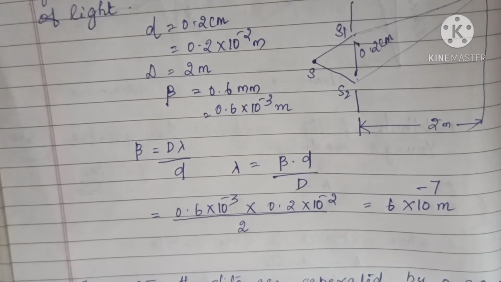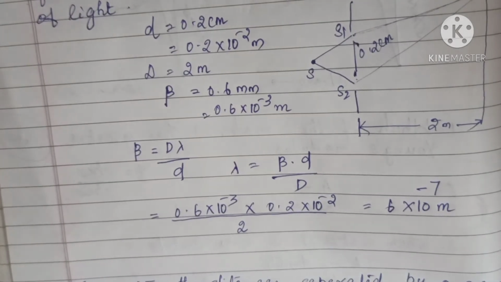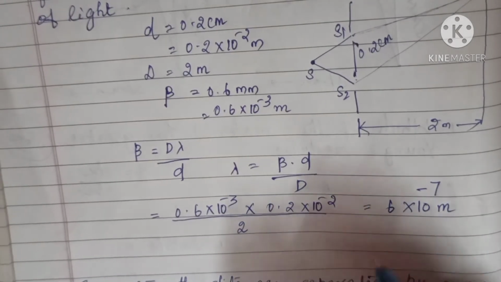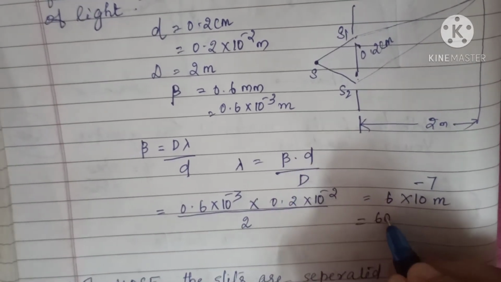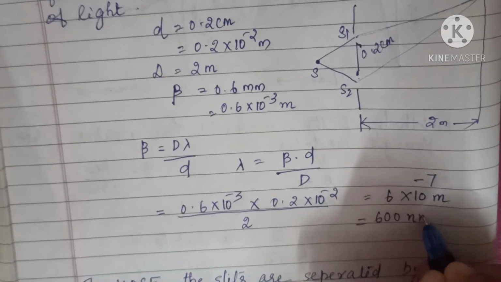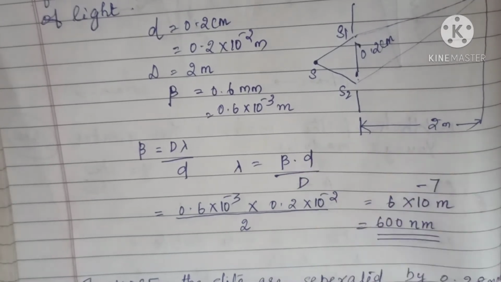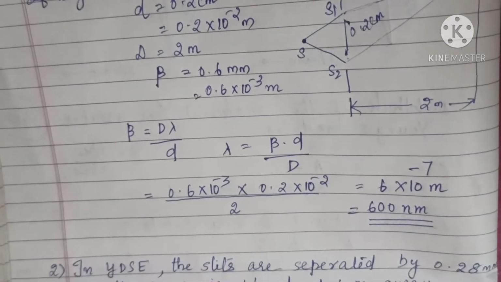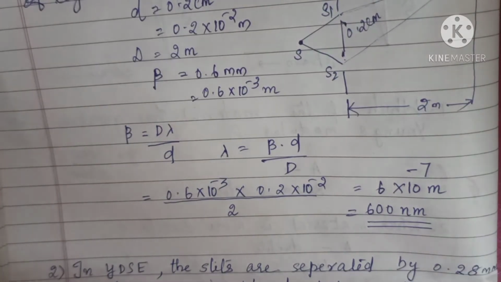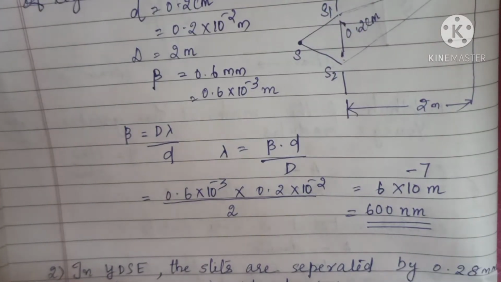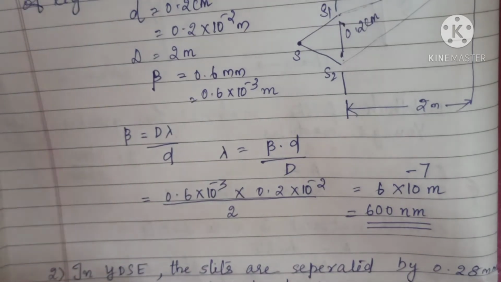Clear? 6 into 10 power minus 7 meters, or you can write it as 600 nanometers. Since it is wavelength, this wavelength will be of the order of nanometer or angstrom. So it is 600 nanometer or 6 into 10 power minus 7 meters.